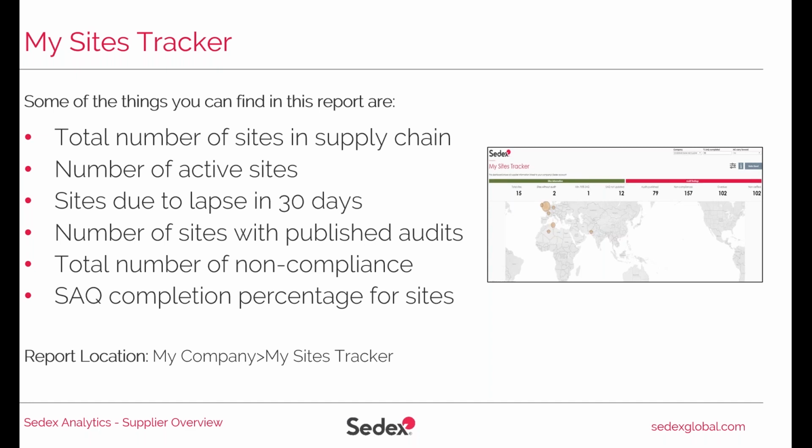So this gives you a good overview of your sites information that you can view. And then there's other reports which would show you more detailed information, like audits information or SAQ information. Yeah. So let's take a look.